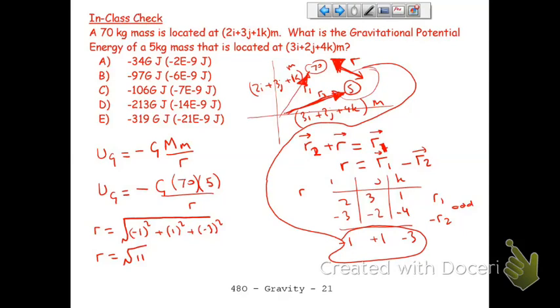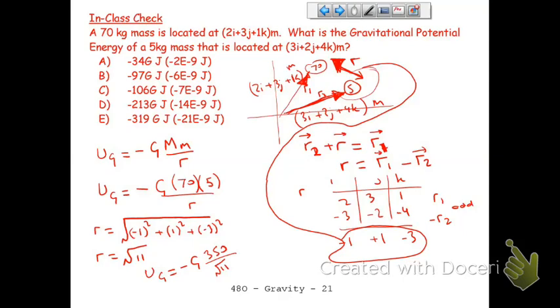So that means that UG is equal to minus G, 7 fives are 35, so 350 over the square root of 11.